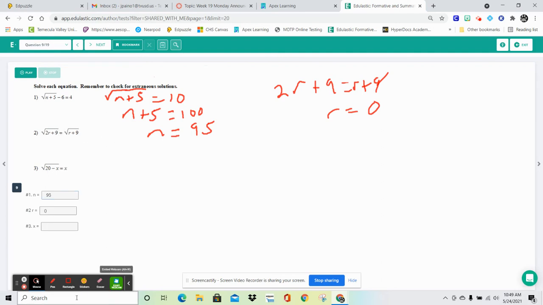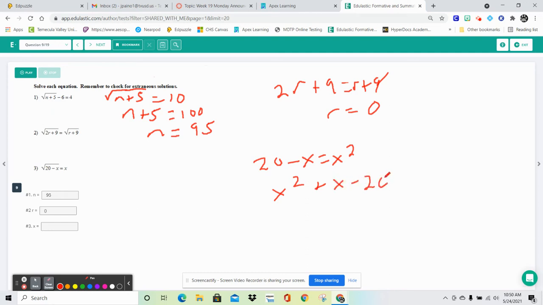Okay, now number 3, I square both sides. I'm going to end up with a quadratic here. So now I'm going to end up with 20 minus x equals x squared. So when I get this quadratic, how do I solve a quadratic? I set it equal to 0, so I'm going to move everything over. So I get x squared plus x minus 20 equals 0.